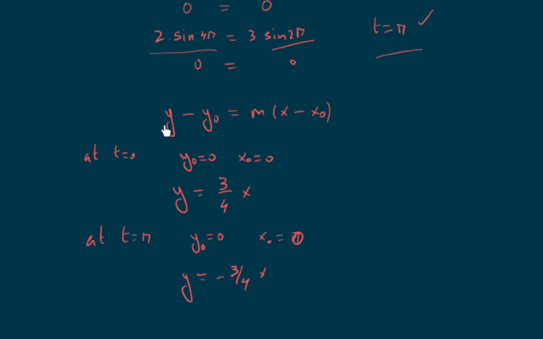So the equation will be y equals 0 plus m, that is 3/4, multiplied by x. At t equal pi, the same thing happens. The y0 is 0, the x0 is 0, so the equation of the line is y equal the slope, which when t equals pi is minus 3/4. So the equation of the tangent line would be y equal minus 3/4 multiplied by x.